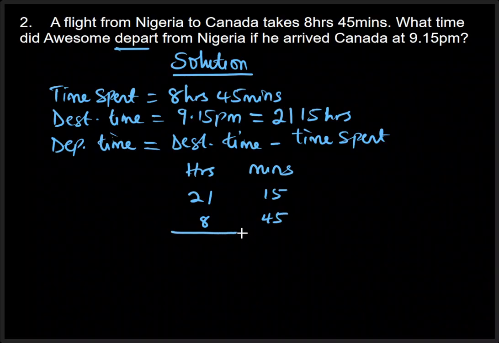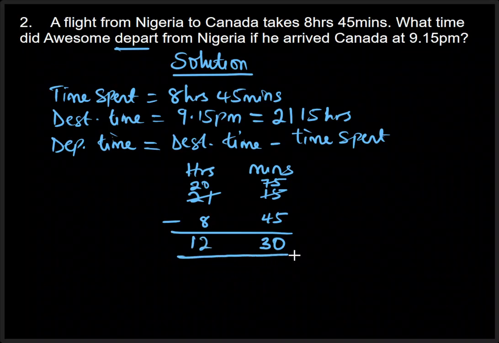All right, so we take our subtraction. 15 minus 45, that would be impossible. So we borrow from here, this will be 20. Then the one crossing down here will be 60. So 60 plus 15 will give us 75. 75 minus 45 will give us 30. And then 20 minus 8 will give us 12.